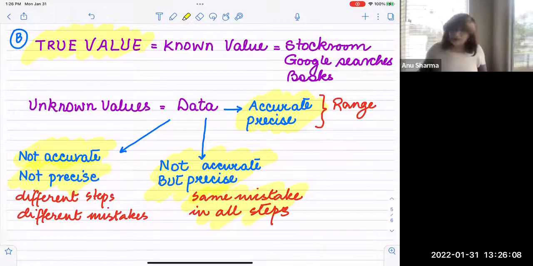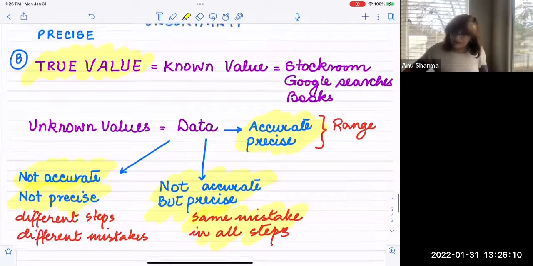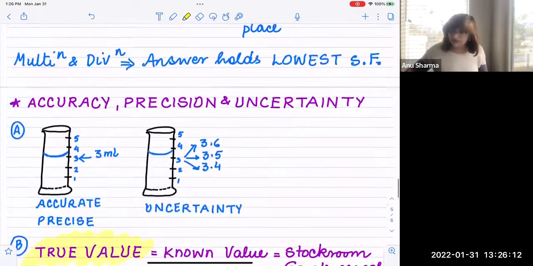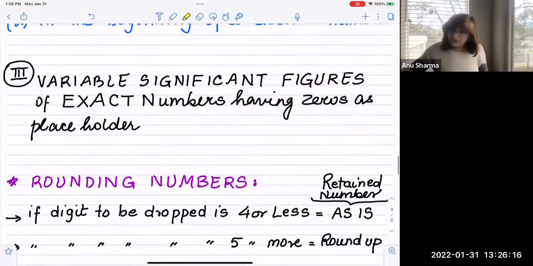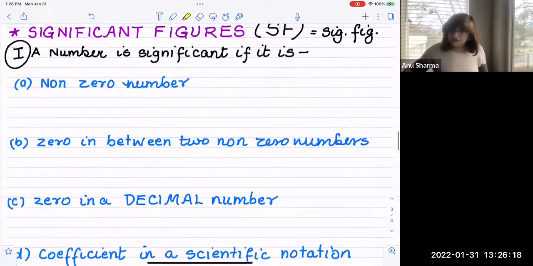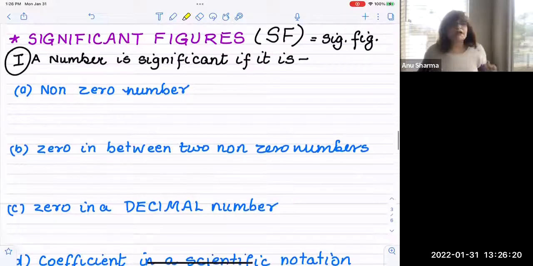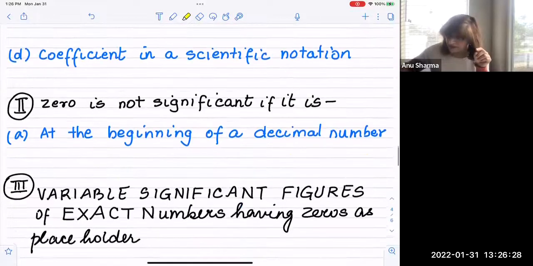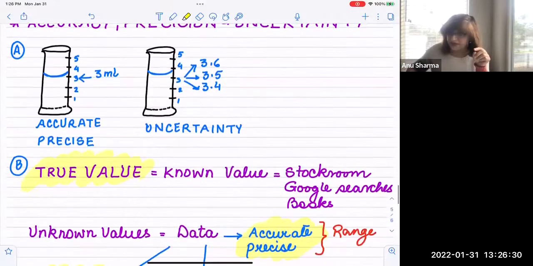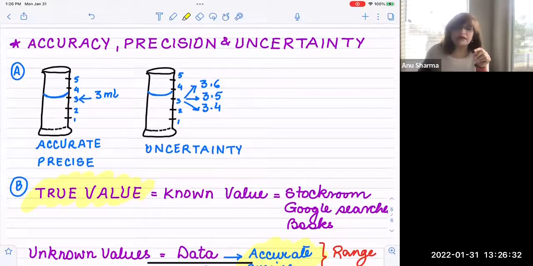Okay, so these are the things that we do in the labs, where we deal with the data and we gather data. So that's where the rules regarding the significant figures come into play, when we are doing measurements, how much is the uncertainty. When you're taking a measurement, right?